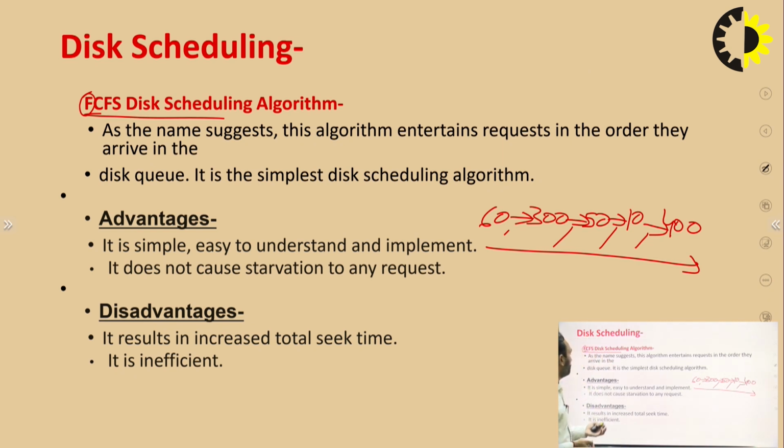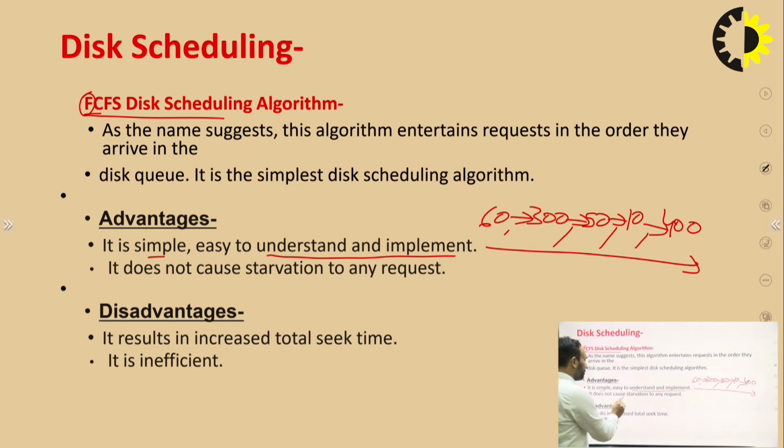So there are some advantages and disadvantages of this mechanism. It is simple and very easy to implement, because there is no specific mechanism implemented to switch from one head location to another.